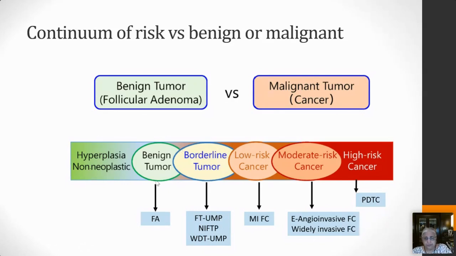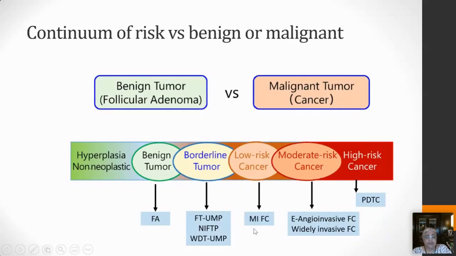You have borderline tumor, which is follicular tumor of uncertain malignant potential, and that's when you are unable to say whether it is capsular invasive or not. It is indefinite for capsular invasion. Then, of course, you have NIFTP, and you have this well-differentiated tumor of uncertain malignant potential when the features of papillary thyroid carcinoma, the nuclei, are equivocal or very focal. So this you would call a borderline tumor.